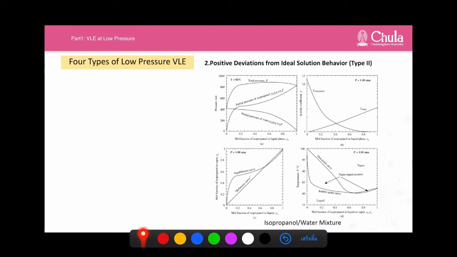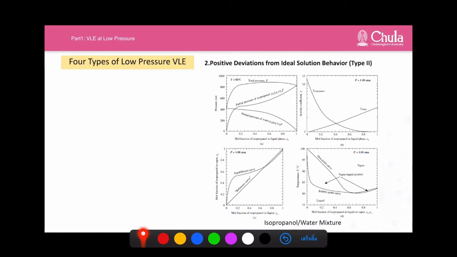You can imagine that once A and B are in the solution, A has a repulsive interaction with B, and B also has a repulsive interaction with A. So A doesn't like B, and B also doesn't like A.